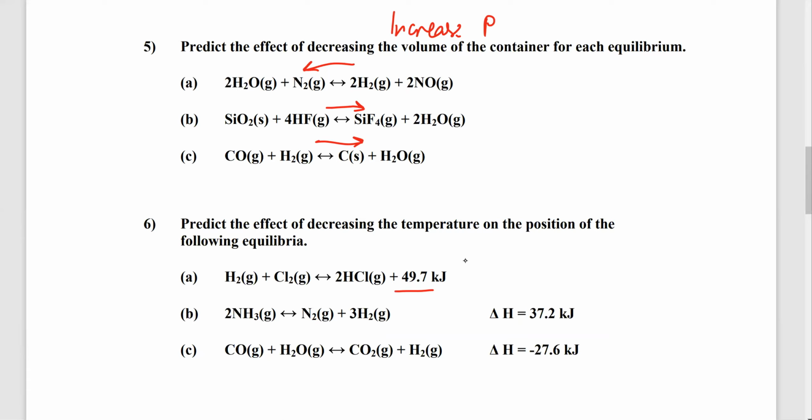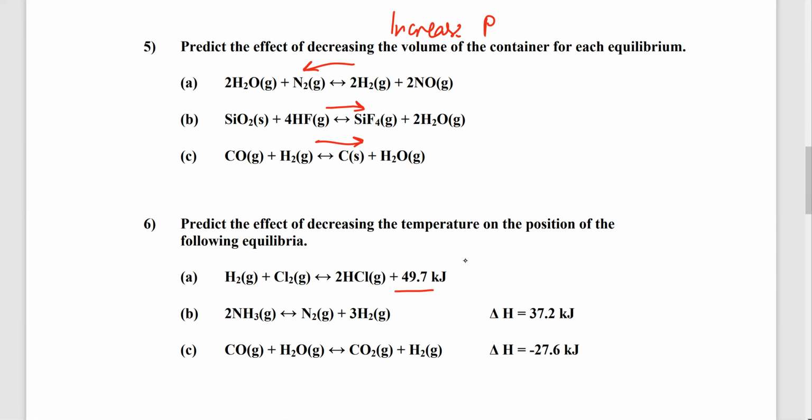Yes. So it's exothermic, and if you decrease the temperature, that's going to make it less exothermic, right? Wait, how will that make a difference? I'm not sure how to do this.